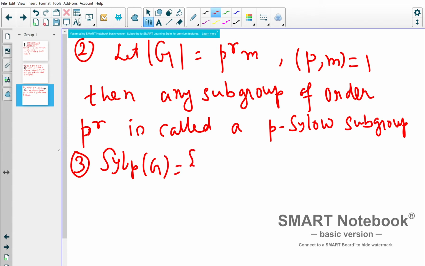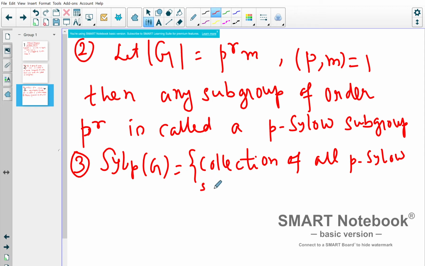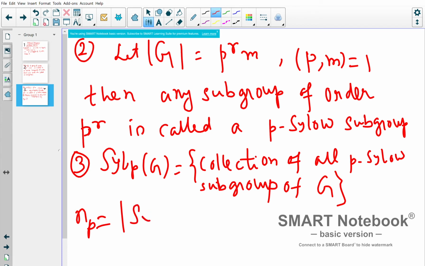This is the collection of all p Sylow subgroups of G. And we use this notation: n_p is the order of this set. What does that mean? n_p is the number of p Sylow subgroups of G. So from now on, whenever I say n_p, I mean the number of p Sylow subgroups.